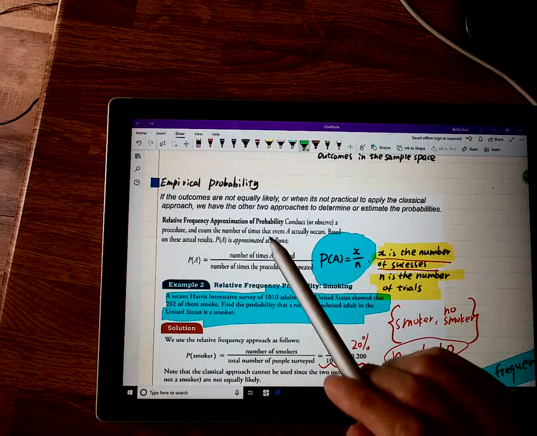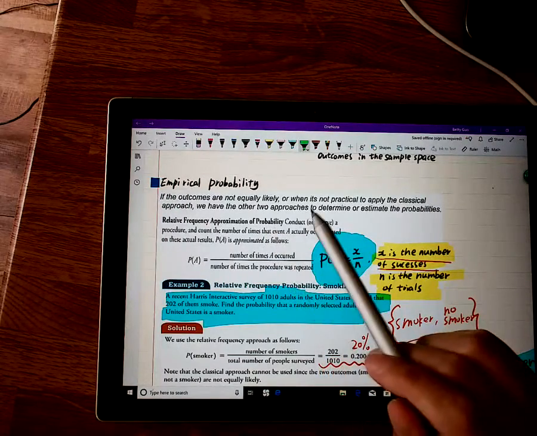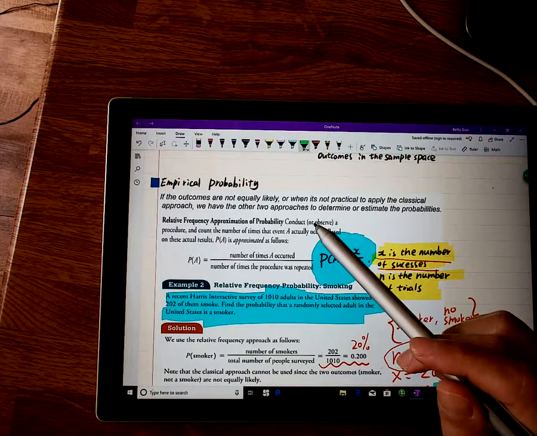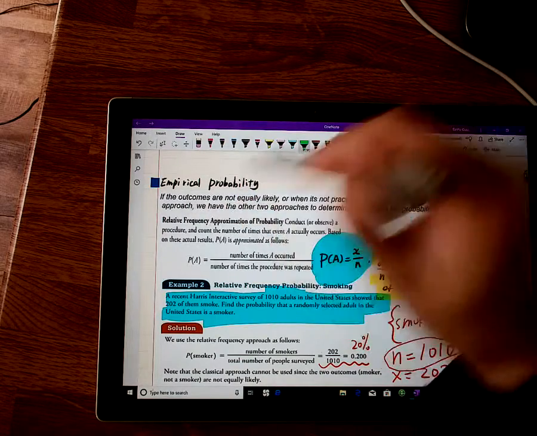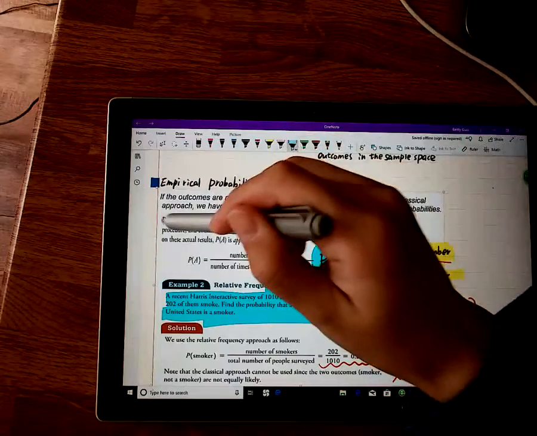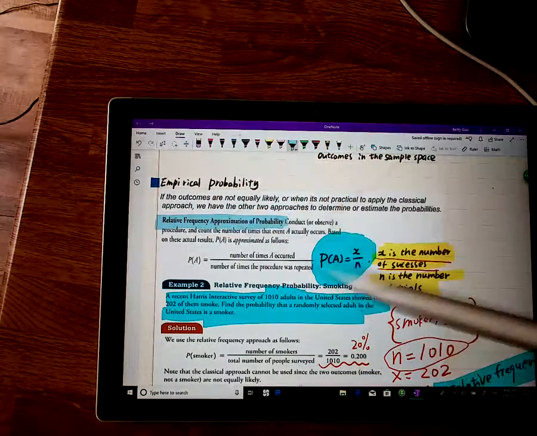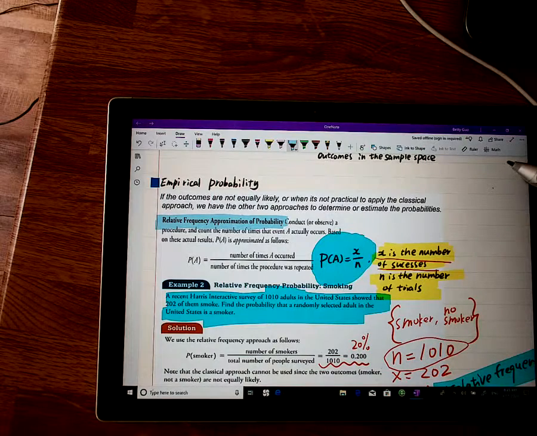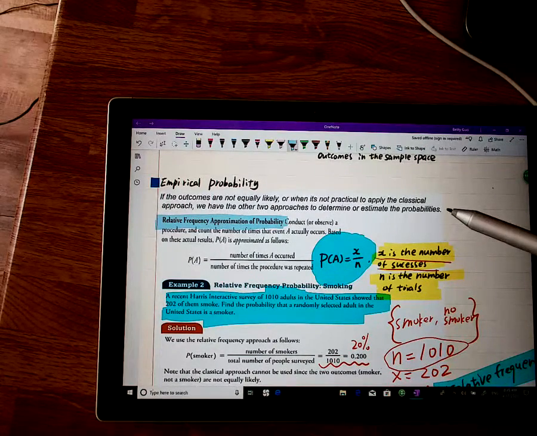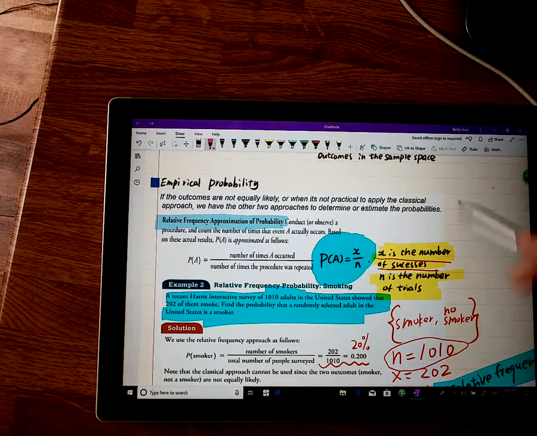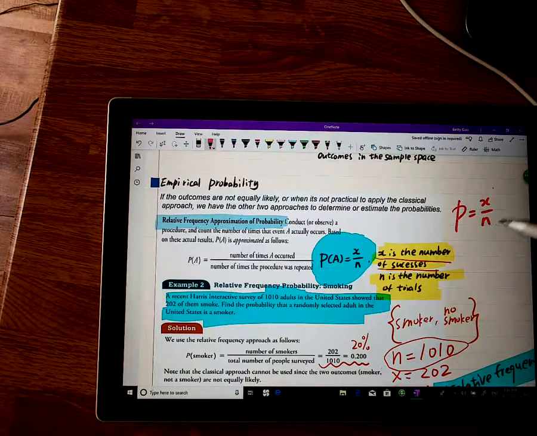Second definition of probability, empirical probability. Another name, relative frequency approximation of probability. I think this name is even better. It is more detailed. Do you guys remember relative frequency? Do you guys remember p, the sample proportion?